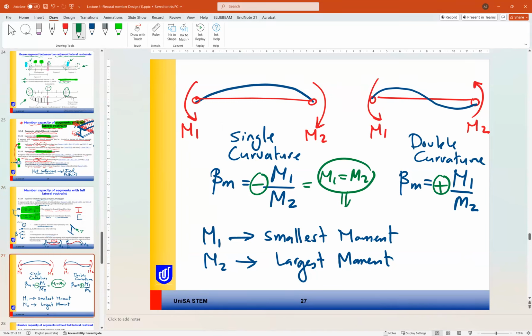So in this case, you can take beta m as -1. Otherwise, we will need to follow the following. So you have M1 and M2, one of them small, one of them large. So this ratio should be less than 1. If it is single curvature, the sign is negative. If it is double curvature, it is positive.